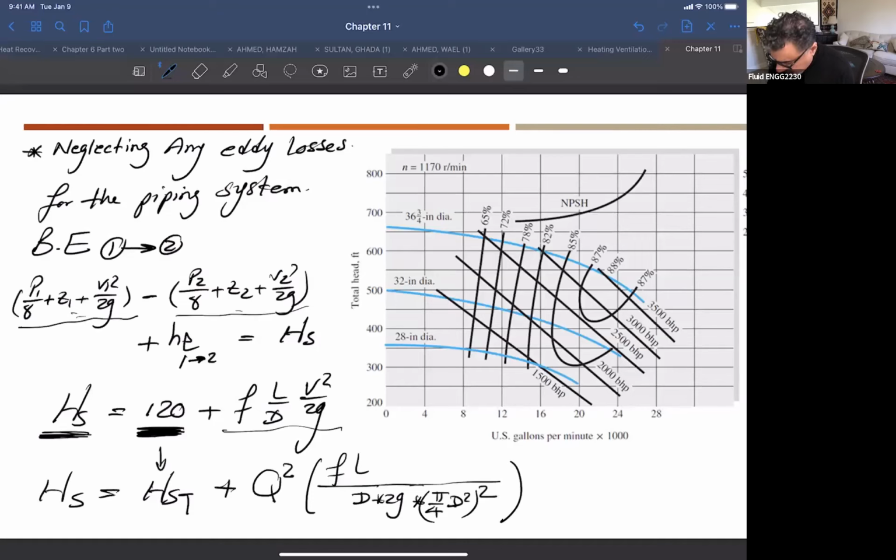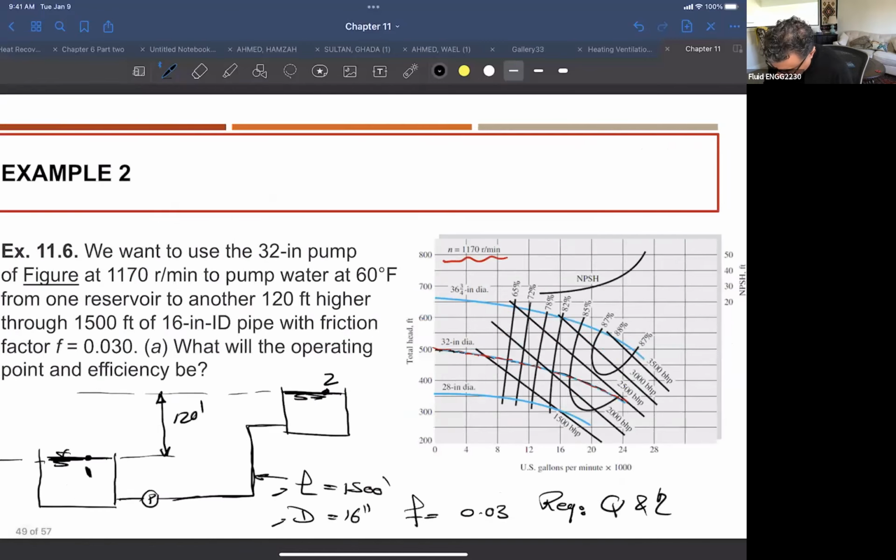So H system will be H static total, plus this term. In order to be efficient in solving this type of problem, H static total will be the delivery minus the suction. What is the delivery? This is a suction tank, and this is a delivery tank.